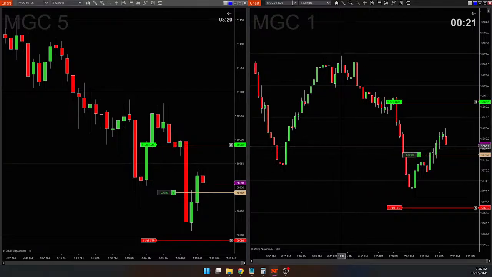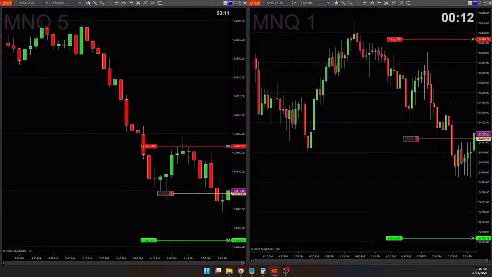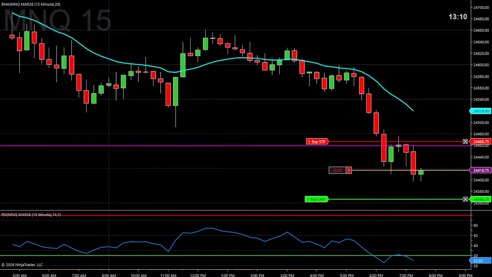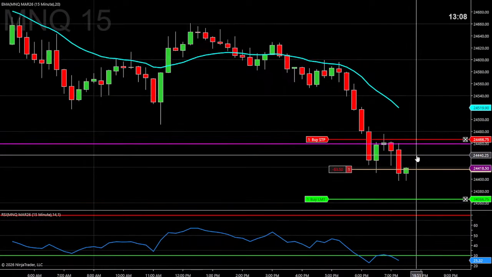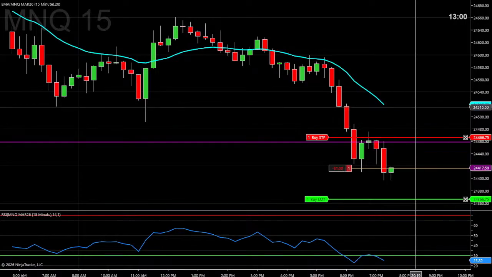Really should just be shorting gold, shouldn't I? MNQ's dropping. These cheeky buggers again. Can't let the single candle define everything. We're in a freaking downtrend.